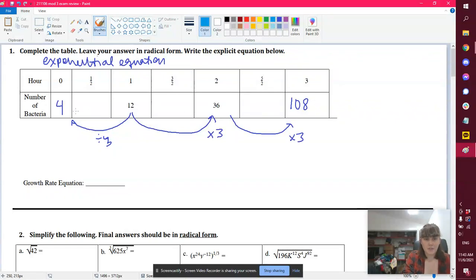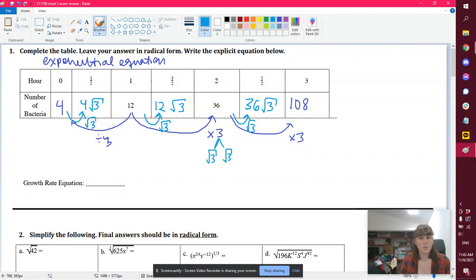In order to do the half steps, in order to go from 1 to 1.5 or from 2 to 2.5, I don't multiply by 3. I multiply by the square root of 3. So I just write 36 root 3, 12 root 3, and 4 root 3. The reason is, if I break multiplication up into two parts, I would break it into its two square roots.